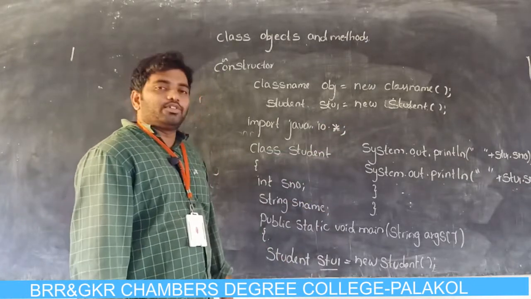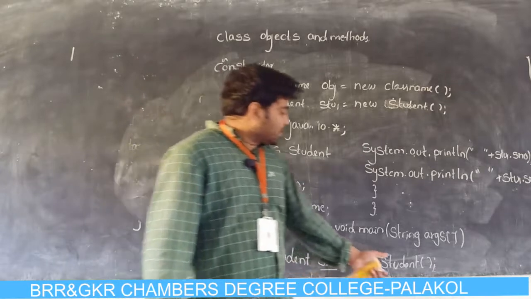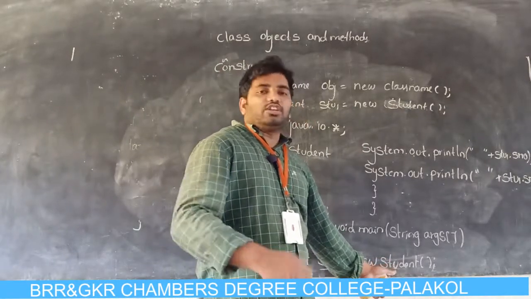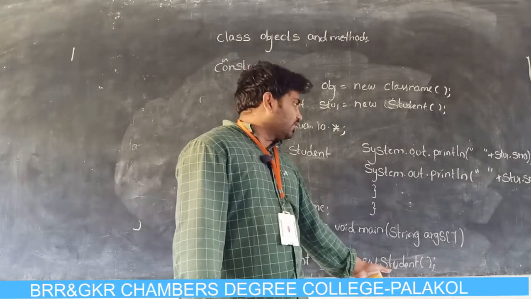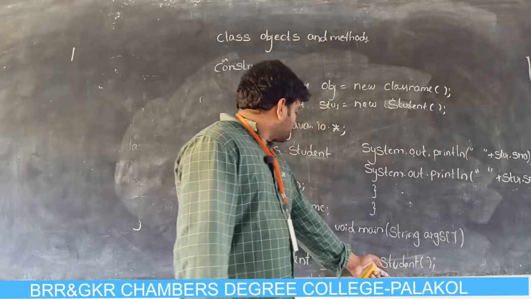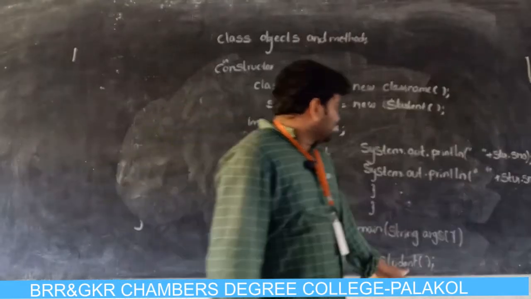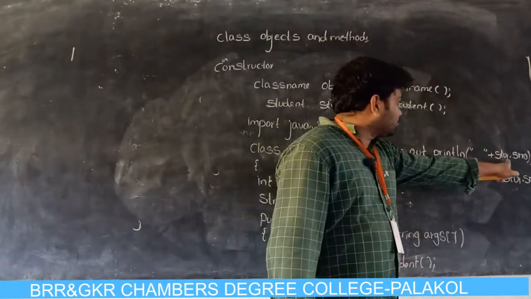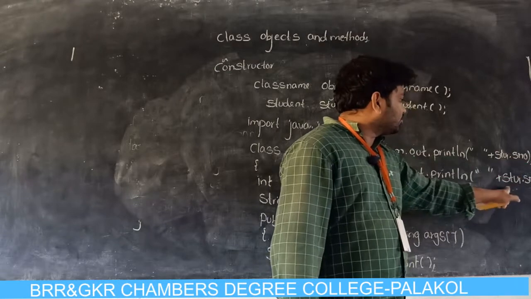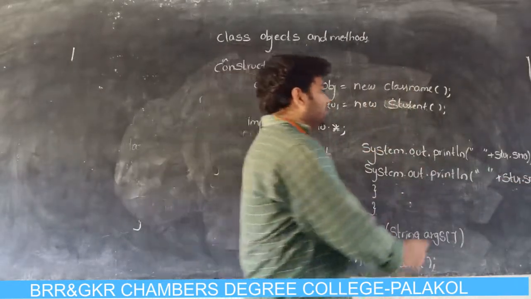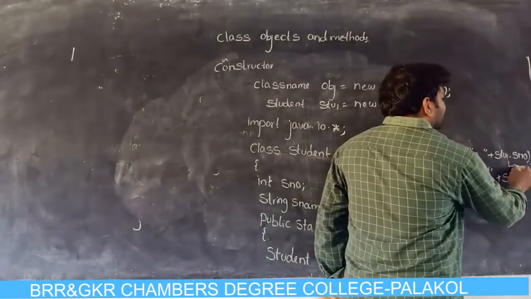How to execute it? The constructor doesn't return values. Initialization of the values is done using the object only. Suppose for the student, stu1.snumber and stu1.sname have no values, so it returns null values.